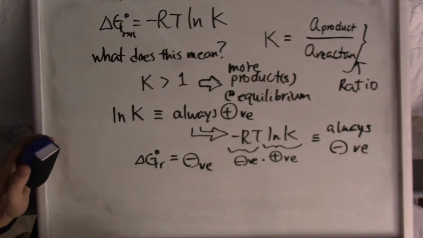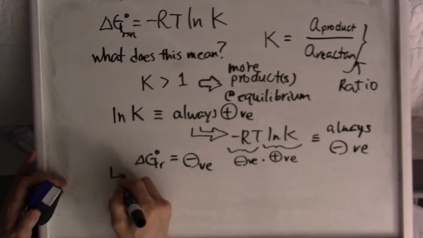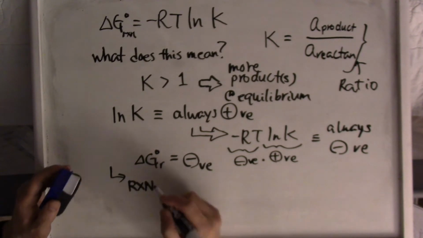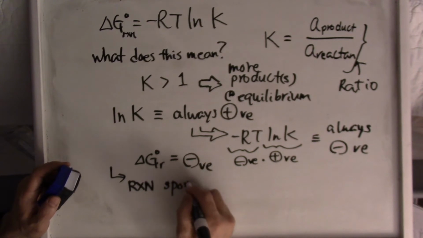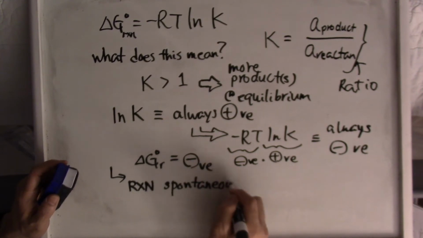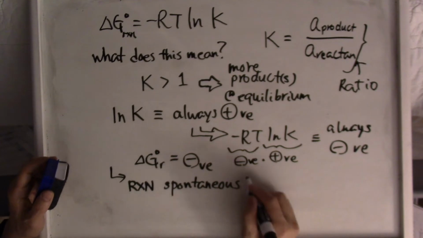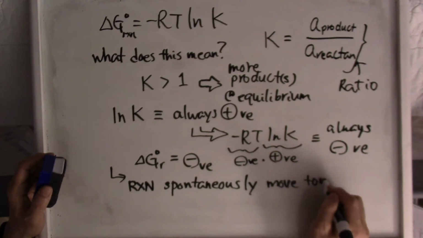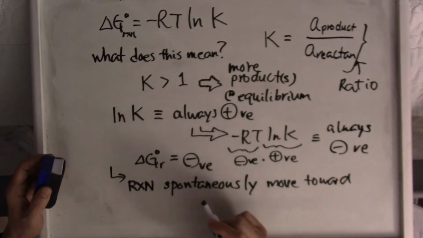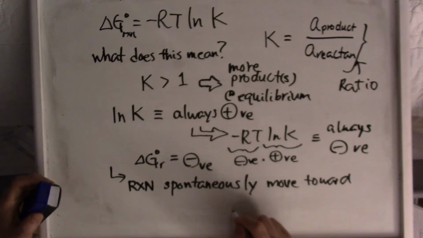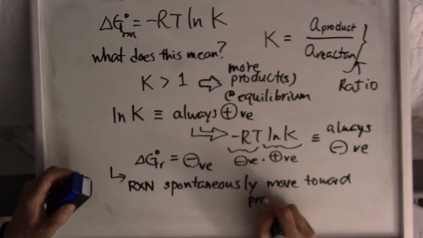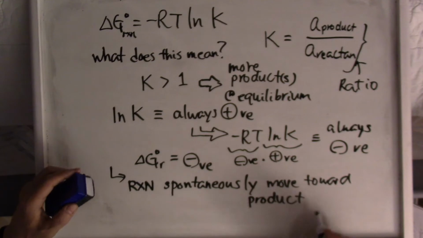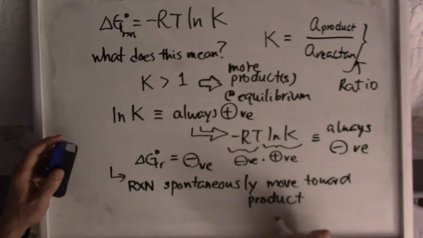So in this case, delta G of the reaction at standard condition is equal to negative. So the reaction goes spontaneously, moving toward the products. So keep that in mind.